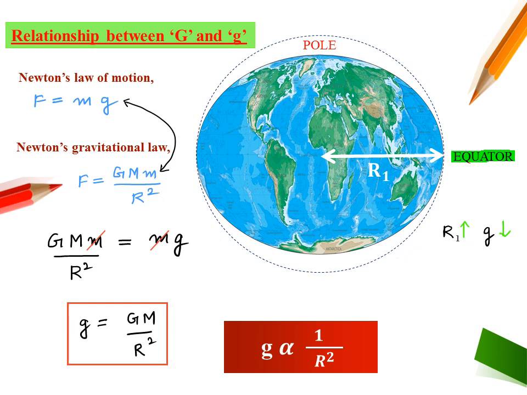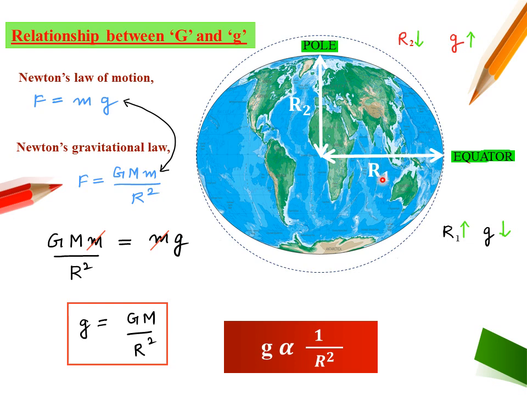When we consider an object near the pole, on the surface near the pole, we have the distance between the object and the center of Earth to be r2. So here you can see r1 is greater than r2. So compared to r1, at the pole we have r2 to be less.